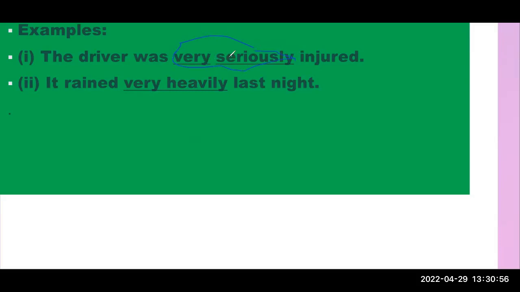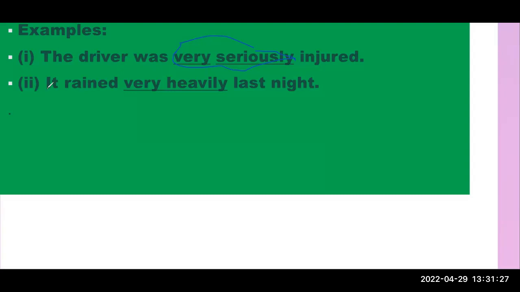So here you have a combination of two adverbs, very and seriously, giving us an adverb phrase. The driver was very seriously injured. Now, when you look at the word injured, you discover that very seriously is giving us additional information about the injury, the degree of the injury sustained.